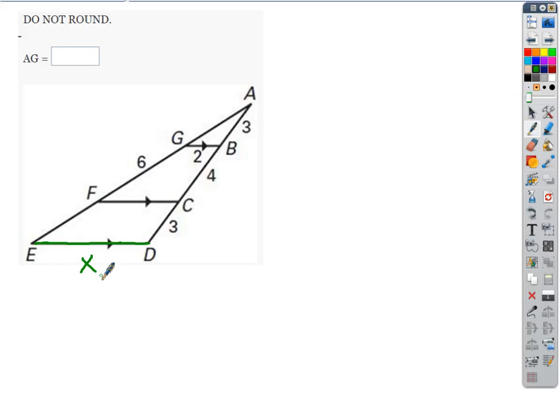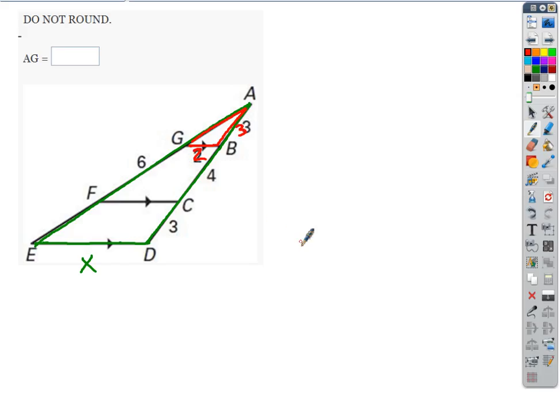Okay, we're seeing similar triangles, aren't we? Here we could take the big triangle and the little triangle, which are similar, aren't they? For the little triangle, I've got side lengths of 3 and 2.